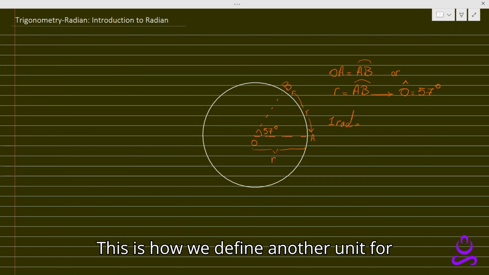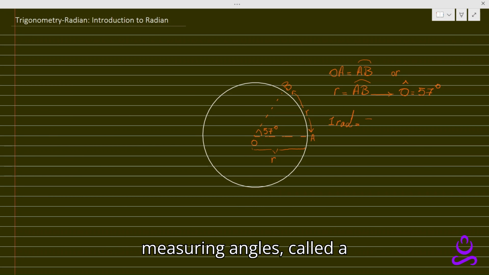This is how we define another unit for measuring angles, called a radian. A radian is the measure of an angle whose corresponding arc length is equal to the radius.